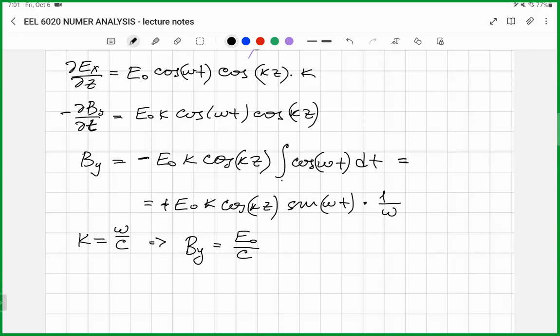The electric field and magnetic field are connected through the wave impedance, or through the speed of light in the case of the B vector.